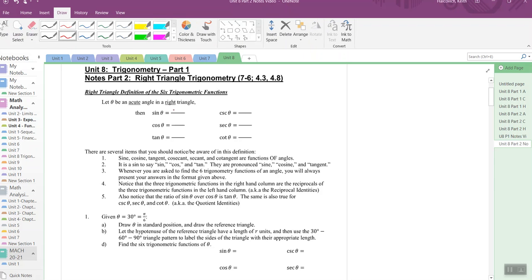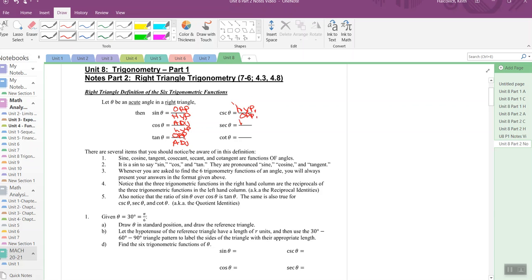are, remember, sine is opposite over hypotenuse, cosine is adjacent over hypotenuse, tangent is opposite over adjacent, and the cosecant is the reciprocal of the sine, so it's hypotenuse over opposite.